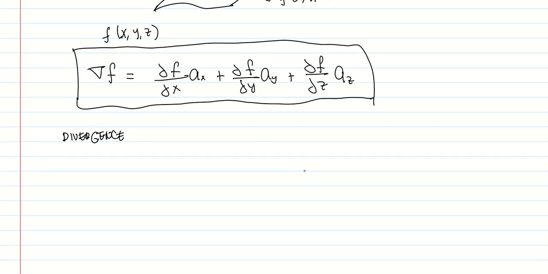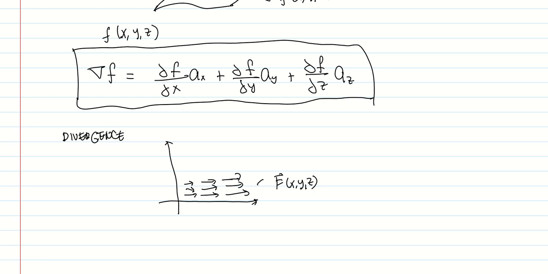For example, if we have a vector field in the xy plane, and the vector is x times ax, the magnitude increases when we increase the value of x. If this is the given field, let's call it f, because this is a vector field, f of x, y, z.